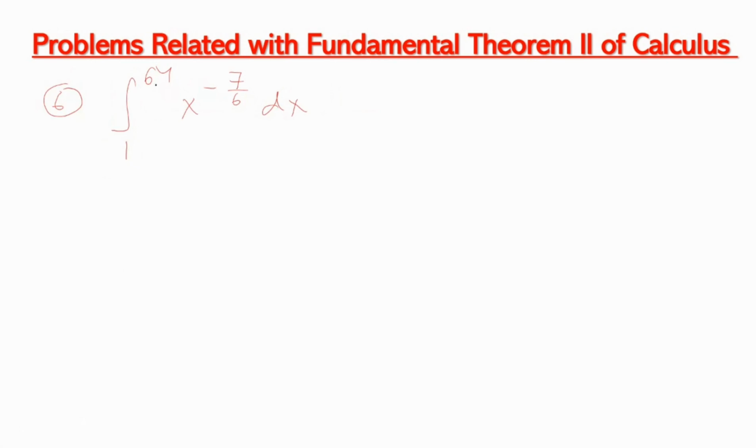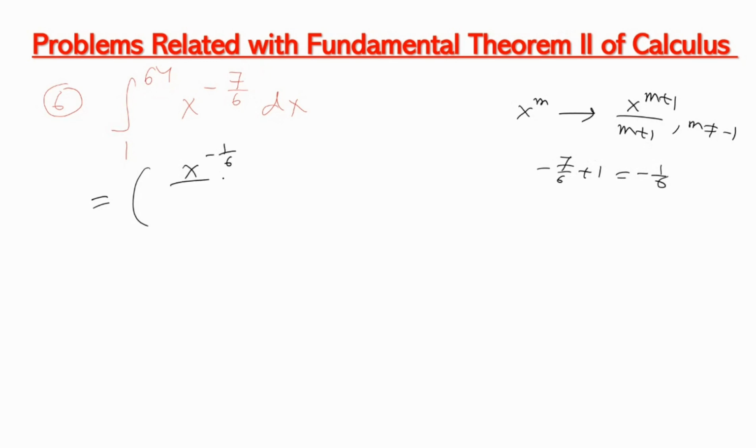Next is the integral from 1 to 64 of x to the power minus 7 over 6. So again here x to the power m, antiderivative is x to the power m plus 1 over m plus 1 for m not equal to minus 1. So I'll use that. So it will be x to the power minus 7 over 6 plus 1, which will be minus 1 over 6. So x to the power minus 1 over 6 over minus 1 over 6, from 1 to 64.